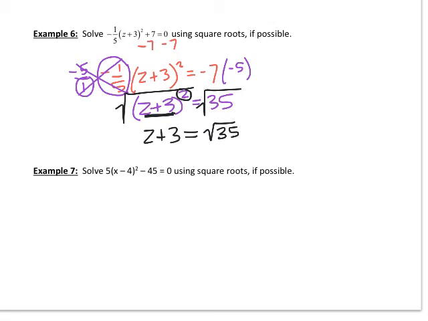Okay, so we were able to take the square root of the left. We were not able to take the square root of the right. However, we can subtract a 3 from this side and subtract a 3 from this side. So our final answer is going to be z equals -3 plus or minus the square root of 35.